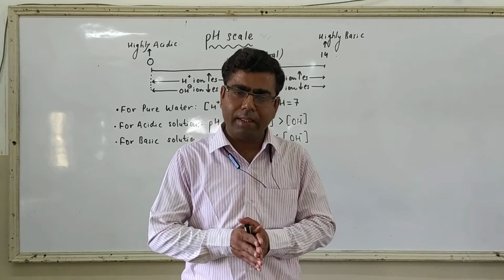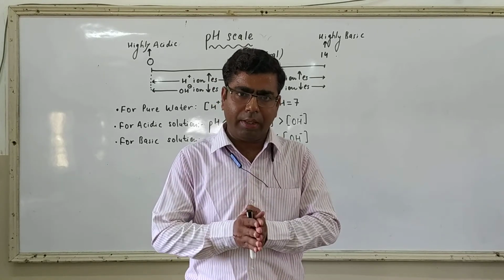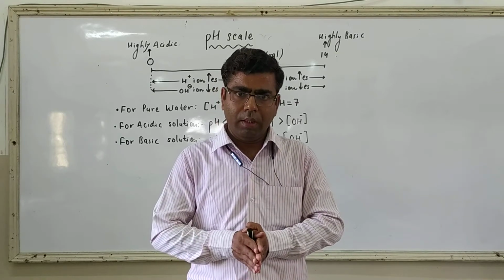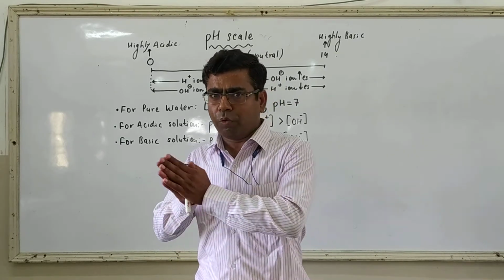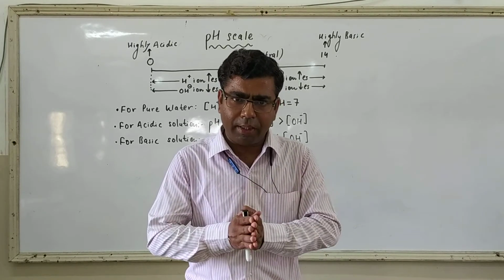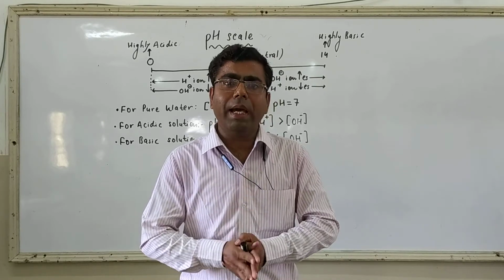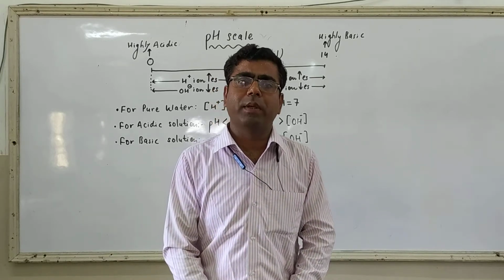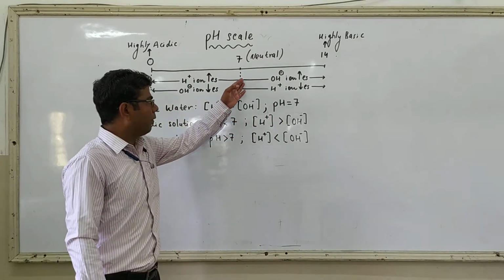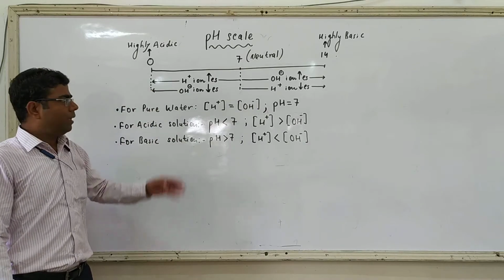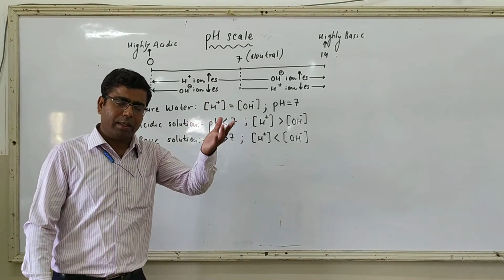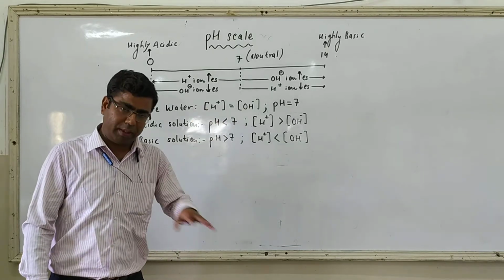So here we can say that solution having pH value equals to 3 and solution having pH equals to 4, the solution which is having pH equals to 3 will have more concentration for H plus ion. So if we start moving from 7 to 0, then concentration of H plus ion will increase and concentration of OH minus ion will decrease.